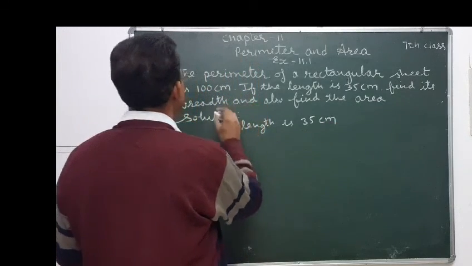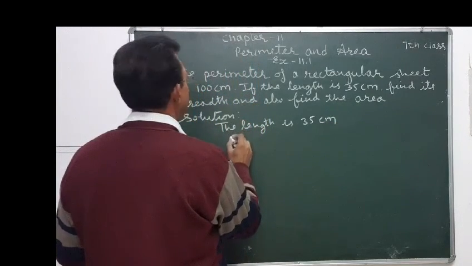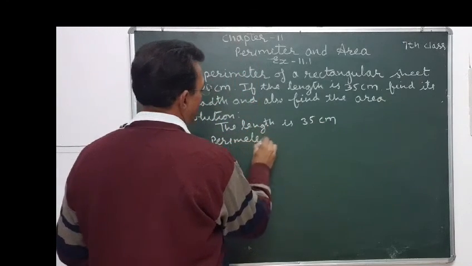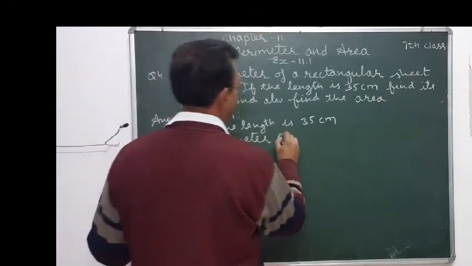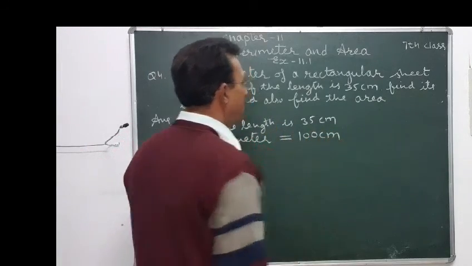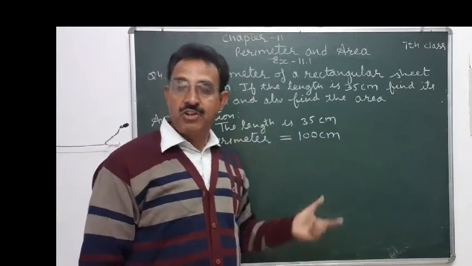And perimeter is equal to 100 centimeter. So the perimeter is of a rectangular sheet.